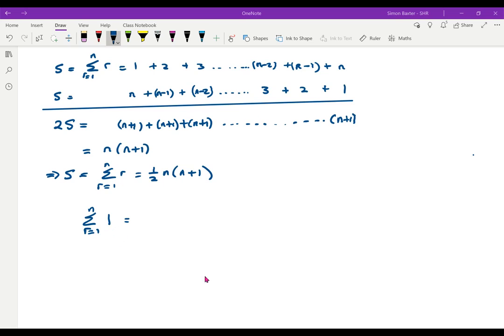When r is 3, it's 1. So this is just 1 plus 1 plus 1 until we've written down n ones. In other words, sigma, r equals 1 to n, of 1 is n. Not a very earth-shattering result, but one that you will need when we're doing our sigma algebra.